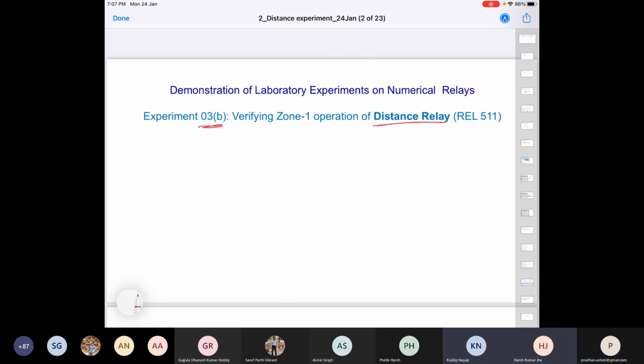The other thing we are talking about is verifying the zone 1 of the distance relay, REL 511, ABB make, now called Hitachi. So this ABB relay has two aspects. One is the distance relay, and then we are talking about verifying the zone 1 operation.